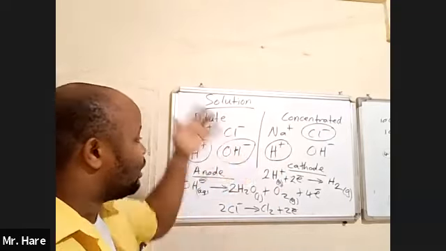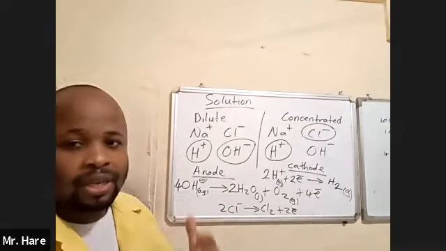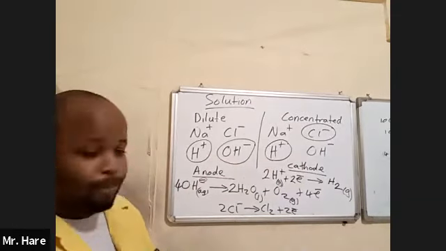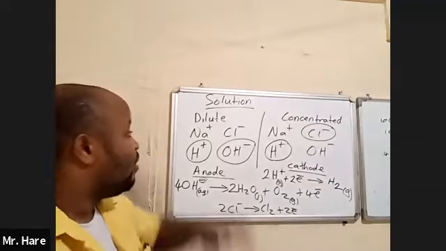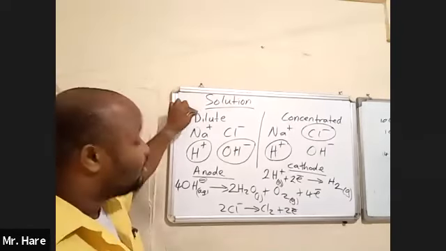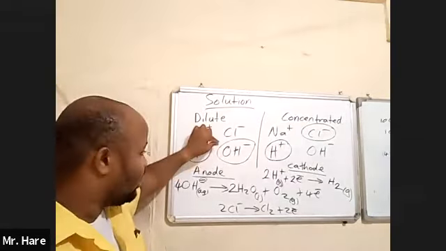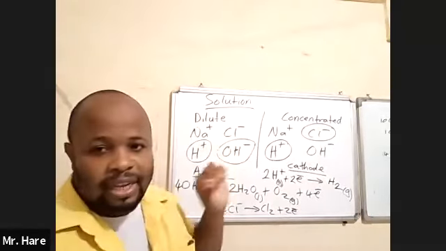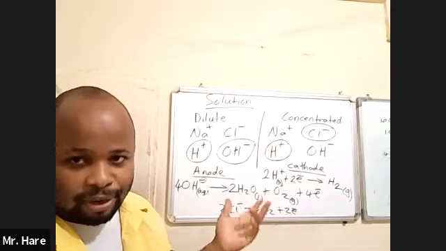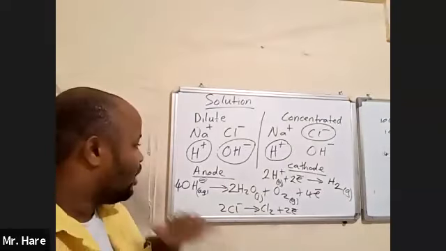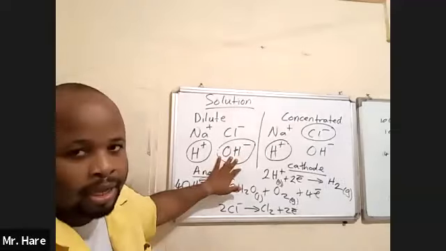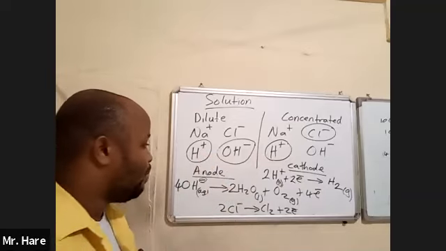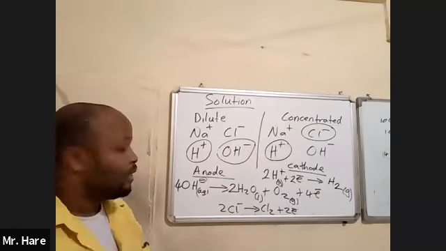Hydrogen is below sodium in the electrochemical series, hence it takes part. Just remember now, for the negative ion, once you hear dilute, just know it is the hydroxide ion. Once you hear concentrated, it's the negative ion of the salt. So once you hear dilute at the anode, hydroxide ion. For the concentrated, it's the chloride ion that is going to take part. All right? So we need to move on.